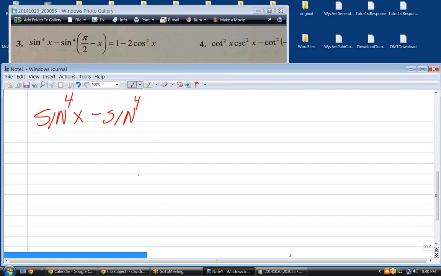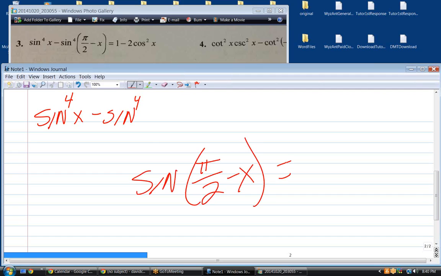What is sine of pi over 2 minus x equal to? Cofunction. It's equal to the cosine of x. In other words, the relationship between a function and its cofunction is always this.